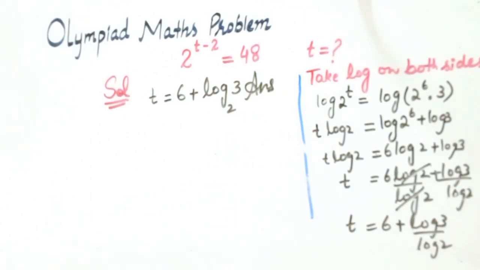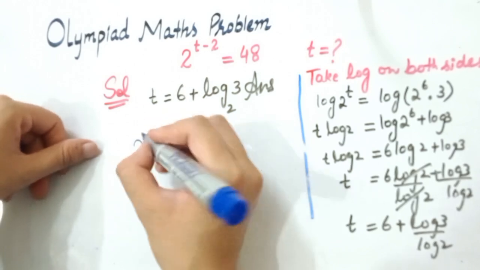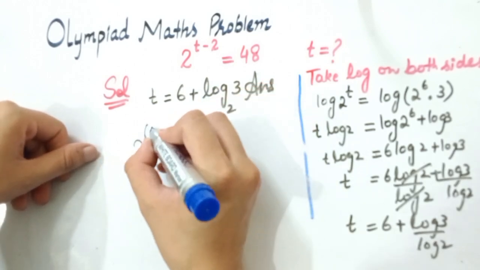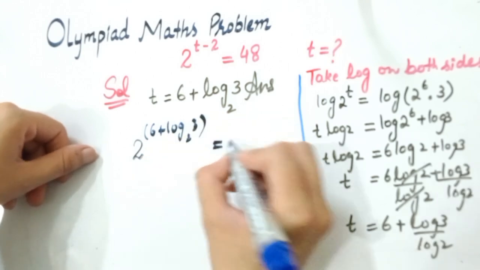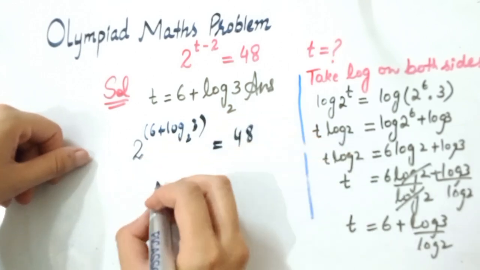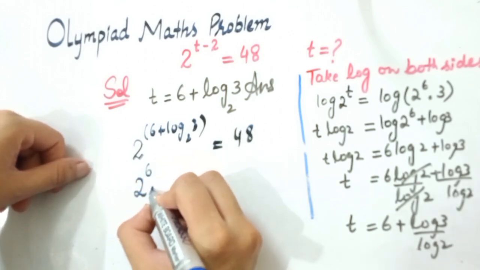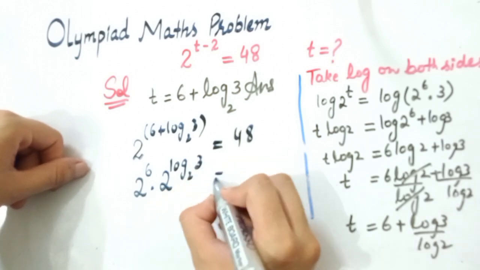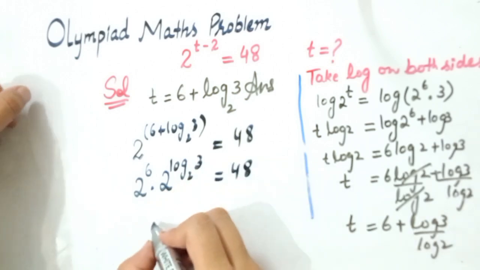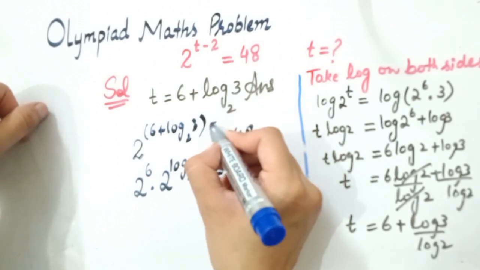Now we will do the verification. 2 raised to power t, in place of t we will write 6 plus log base 2 of 3, minus 2 also.